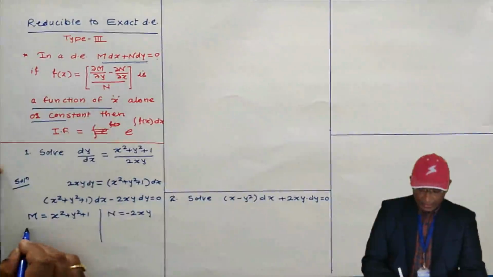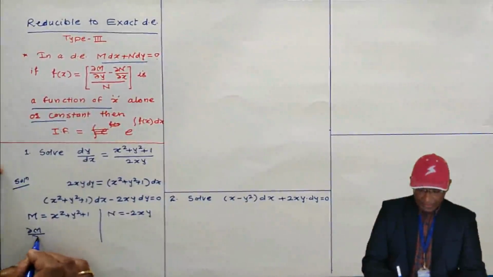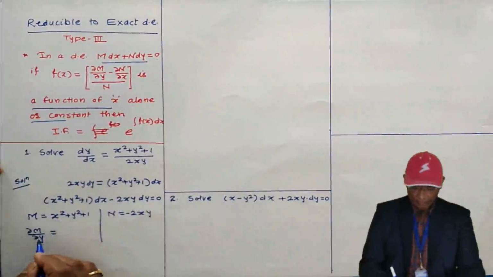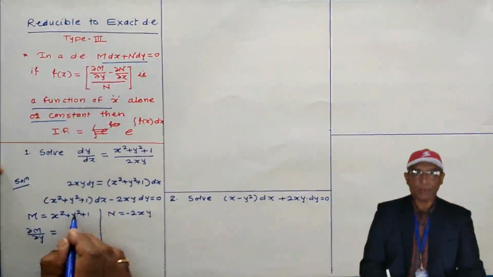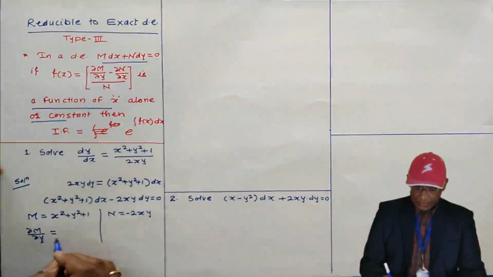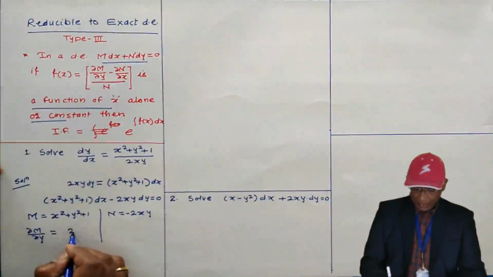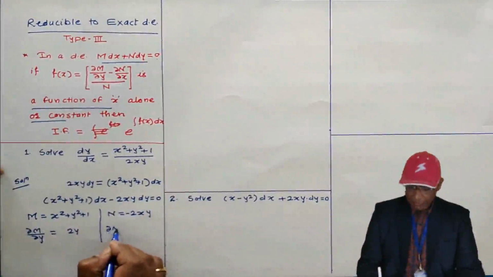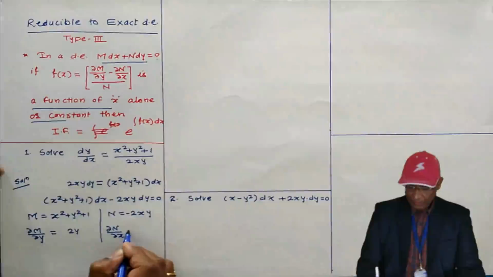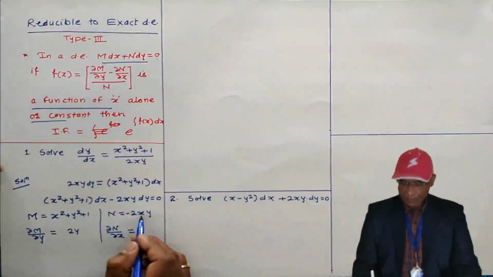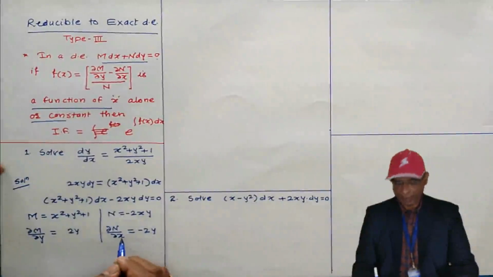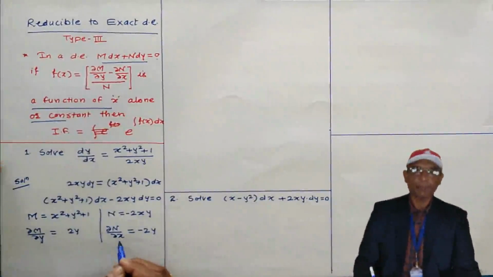and ∂M/∂y and ∂N/∂x are required. ∂M/∂y: the derivative of x square with respect to y is 0, the derivative of y square with respect to y is 2y, and the derivative of 1 with respect to y is 0. ∂N/∂x I am going to find. The derivative of x with respect to x is 1, and minus 2y is a multiplicative constant, because we are taking the partial derivative with respect to x, so we keep y constant.